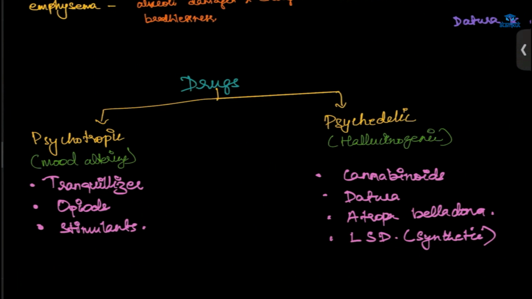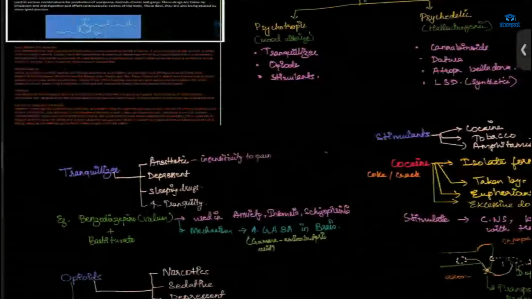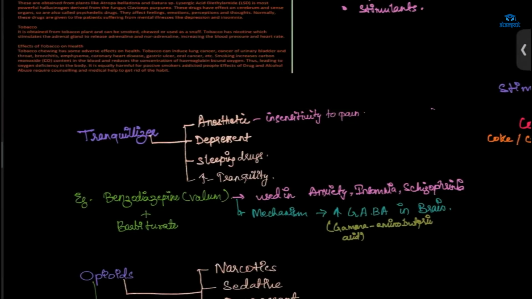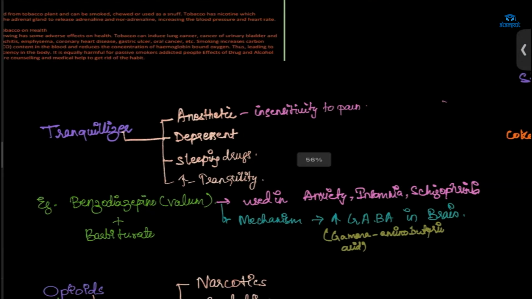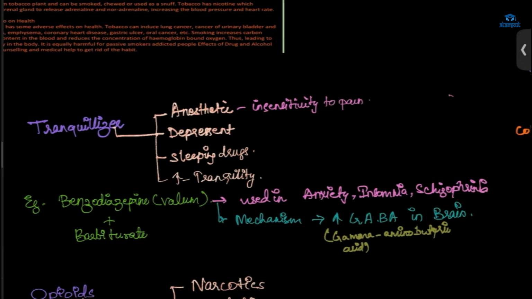LSD is synthetic. Now, first one is tranquilizer. This tranquilizer is anesthetic and depressant. That means it calms, and that's why it is used as a sleeping drug, and it increases calmness, tranquility.